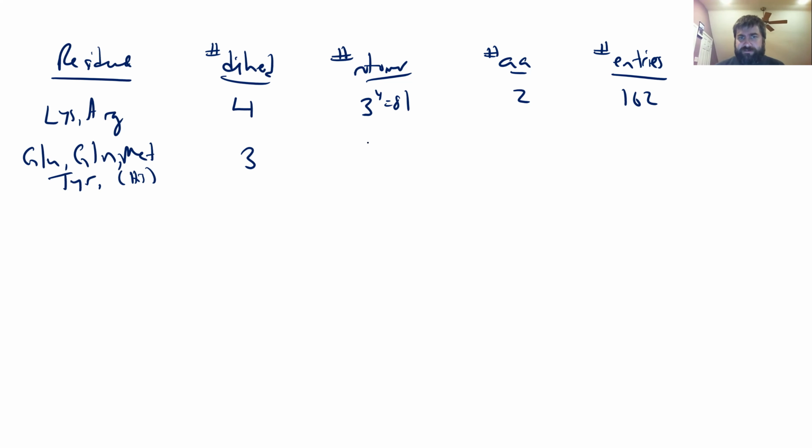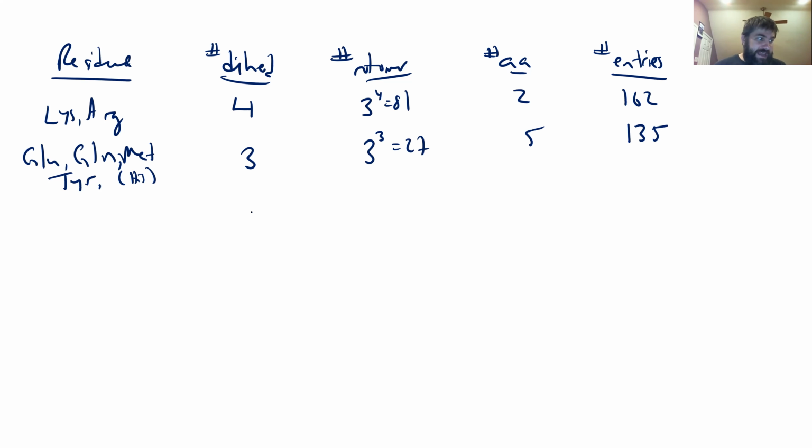So I'll throw it into this group. And this has 3 to the 3 choices: 3 choices per degree of freedom, 3 degrees of freedom. This is 27, but counting these up, we have 5 amino acids in this class. And so 5 times 27 is 135.